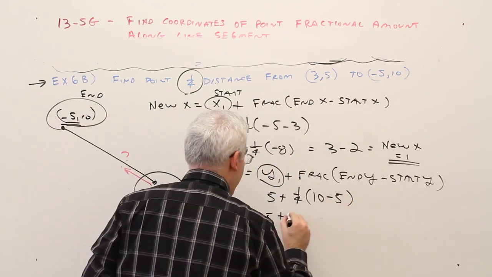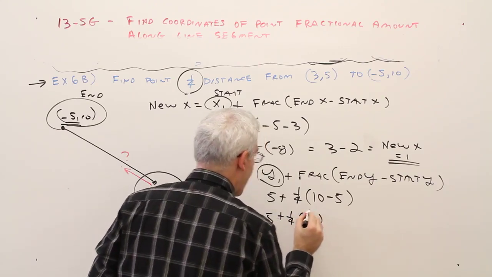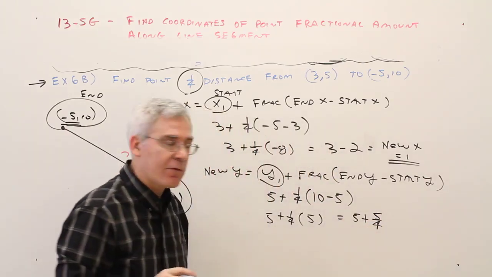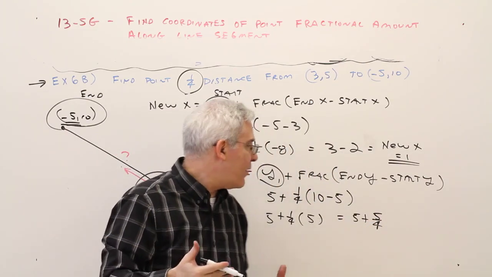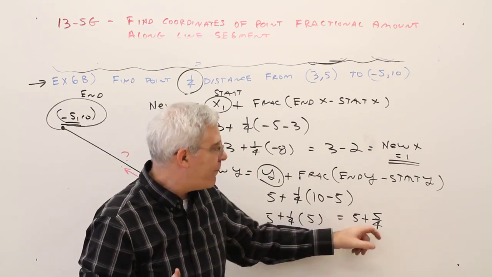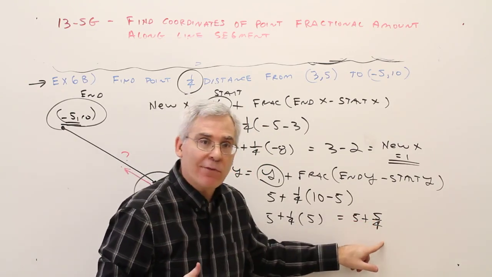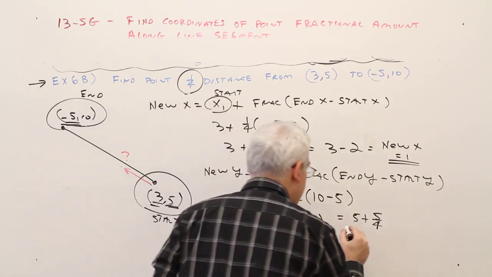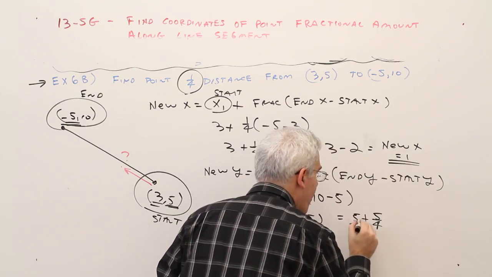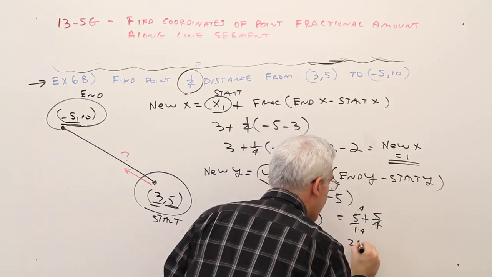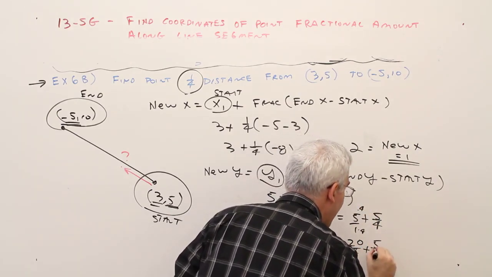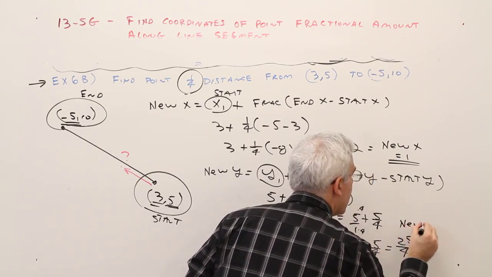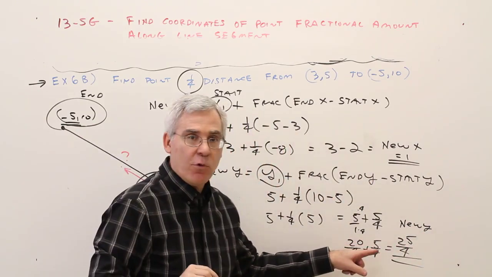So it's going to be 5 plus 1/4 of 5 equals 5 plus 5/4. You've got options here. You could make that be 1 1/4 and add it to 5. You can make it be 1.25 and add it to 5. I tend to make mine be improper fractions. So I'm going to multiply this by 4, multiply that by 4. So 20 over 4 plus 5 over 4 equals 25 over 4. And that's my new y value.